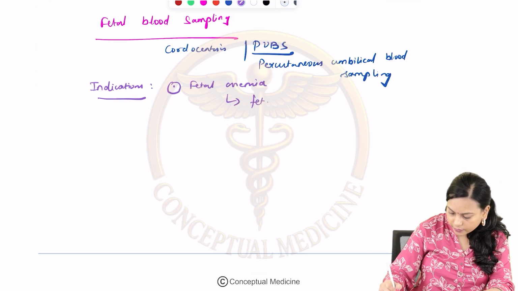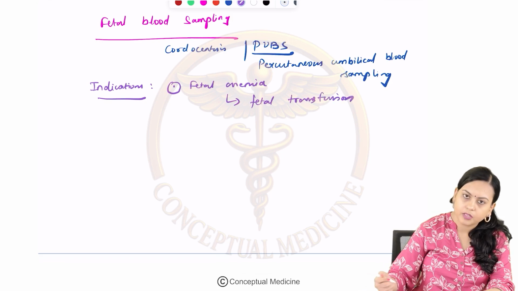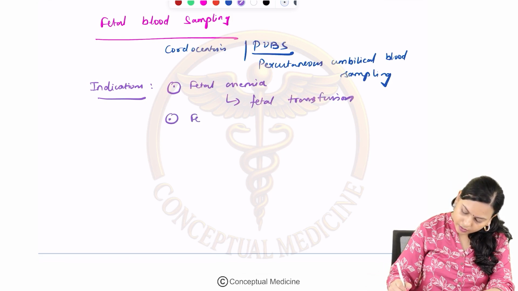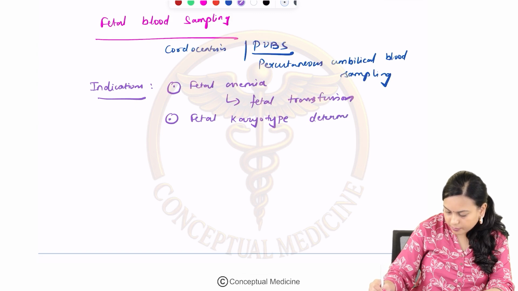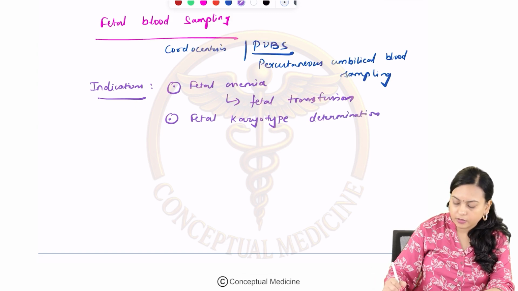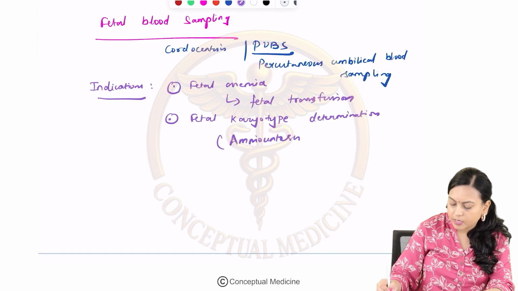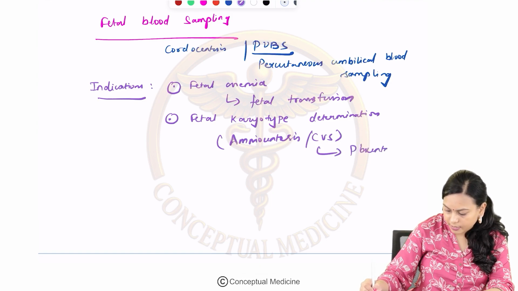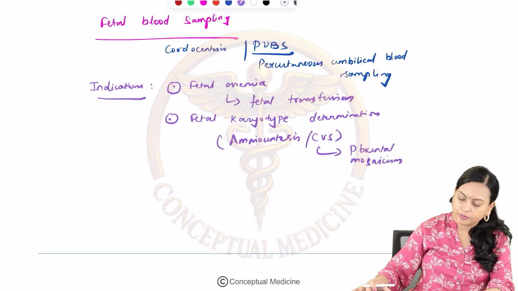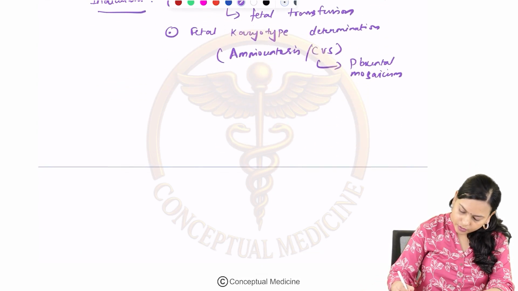If fetal anemia is found, you can do fetal transfusion. Then for fetal karyotype determination, suppose you did amniocentesis as well as chorionic villus sampling, and if you are finding a placental mosaicism or any chromosomal mosaicism, then you can confirm this by doing this procedure.